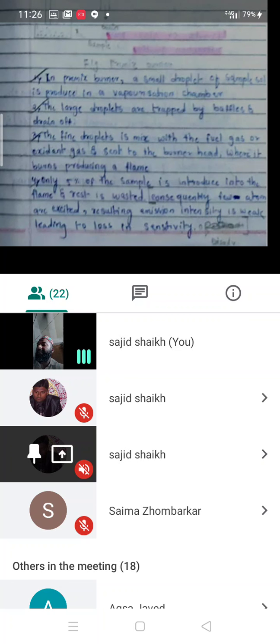The emission intensity of this flame will be weak, leading to the loss in sensitivity.